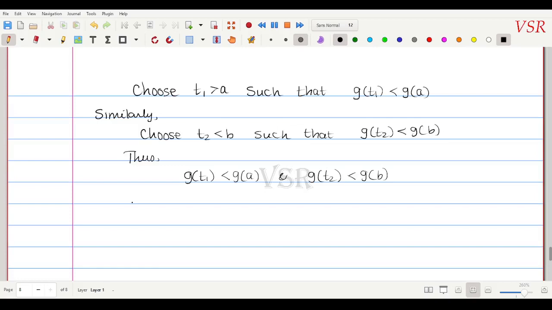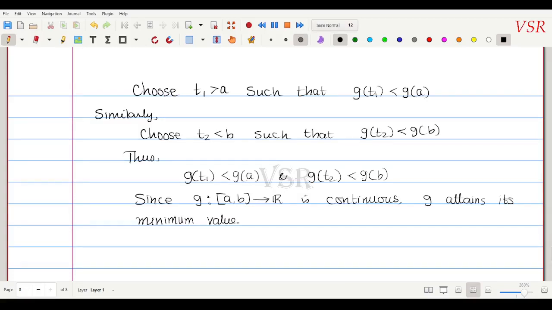Now, since g from the closed interval [a, b] to R is continuous, g attains its infimum, that is its minimum value, at some c belonging to the closed interval [a, b].